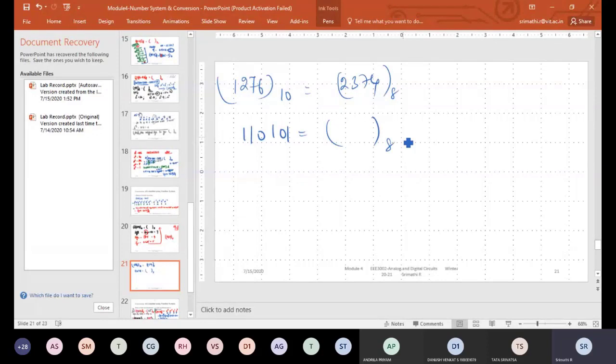Above your log, it is binary, and above your ln it is octal. Okay. So now what is given? It is given in binary. So press binary and enter your number 110101. Press equal to.